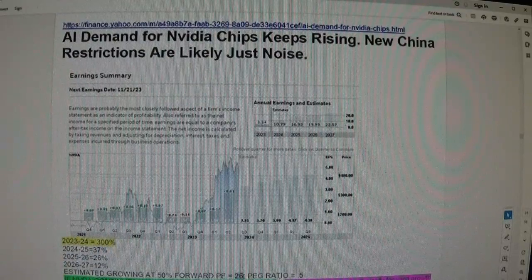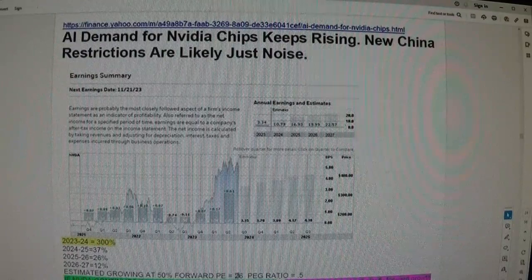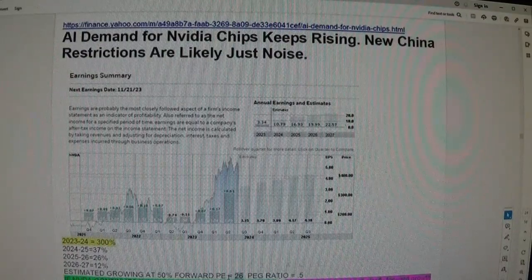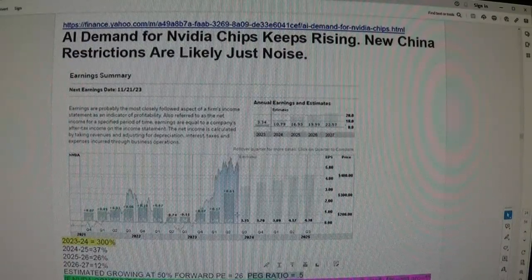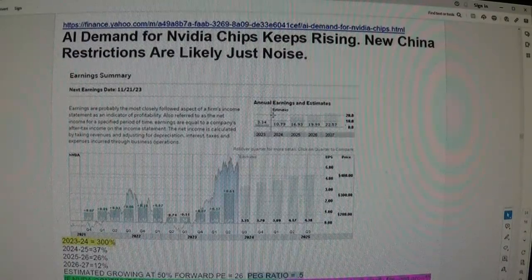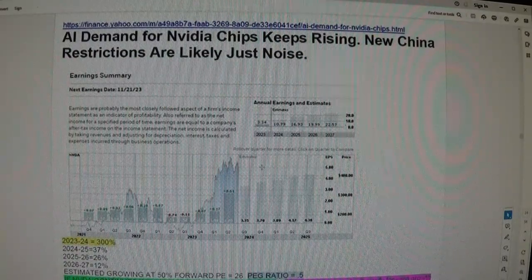So if the PE is 26, and they're estimated to grow at like 50%, then their PEG ratio is 5. So it's really hard to gauge. But they're going to tell us in this earnings report in about a month if they still have this amazing amount of demand for their AI chips.